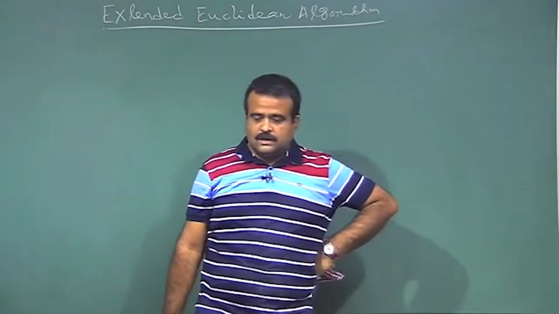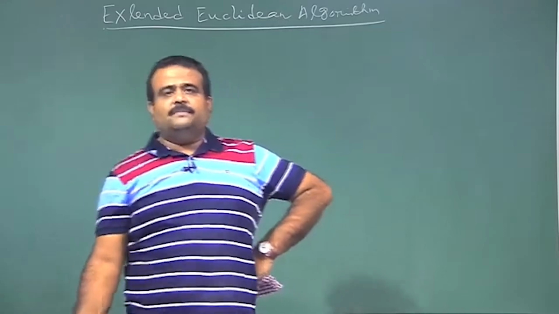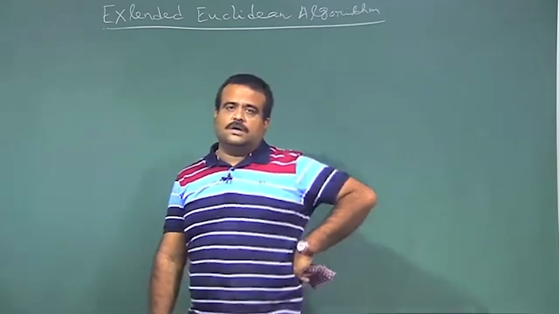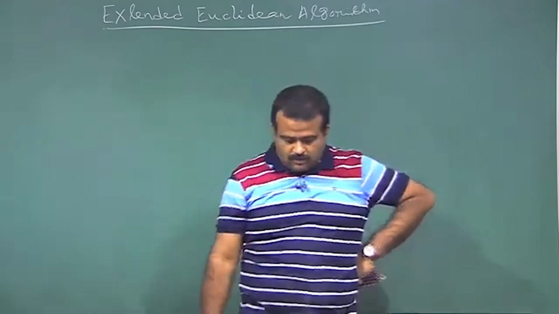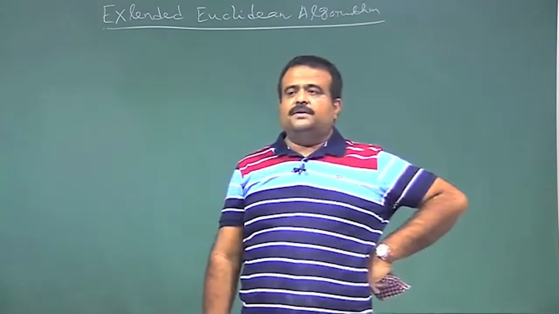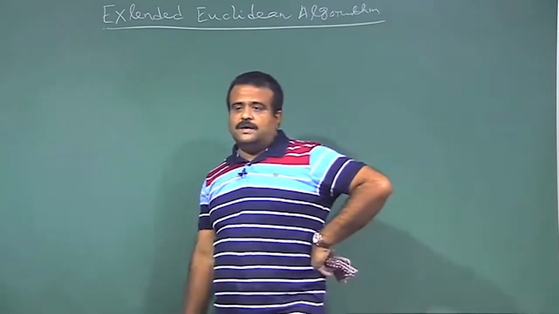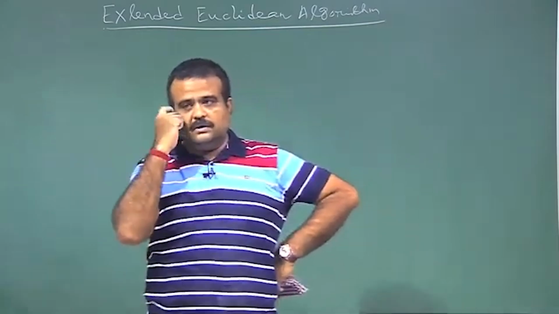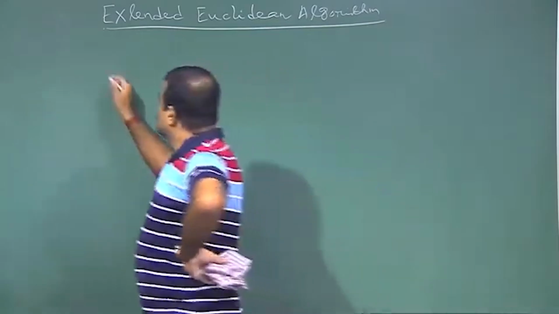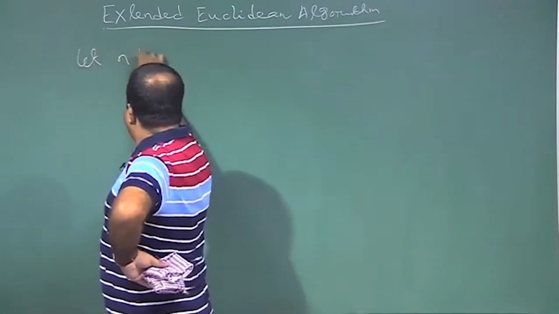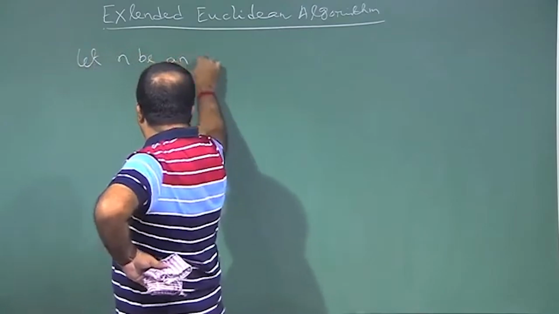Okay, so we have seen the multiplicative inverse modulo n, or modulo some integer n. Now we will talk about how to find that inverse. Suppose n is an integer, and a is also an integer.